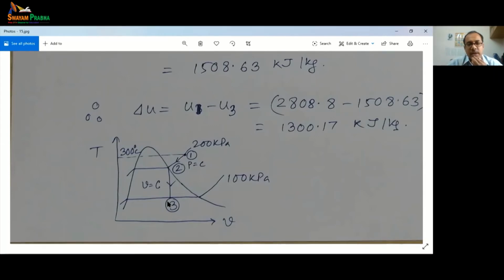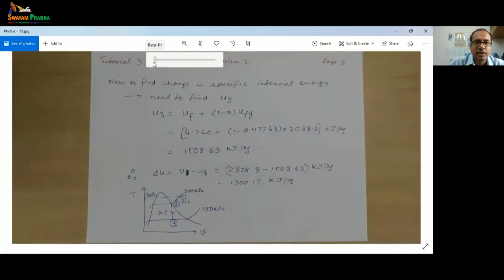From there we can find the internal energy of state 3, and then by subtracting U1 minus U3, you can get the change in internal energy by this cooling process. So this gives us a phase change problem and how to find the corresponding values from the table that we have looked at.